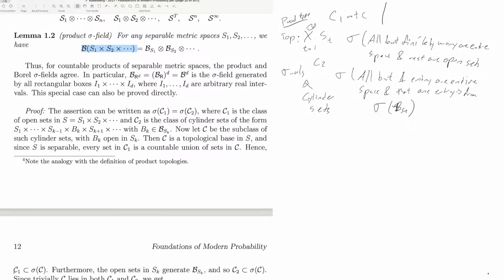Hence, C1 is a subset of sigma of C. Every set in C1 is a countable union of sets in C.